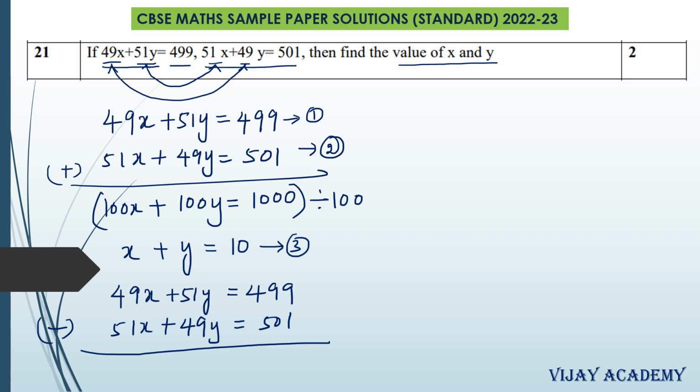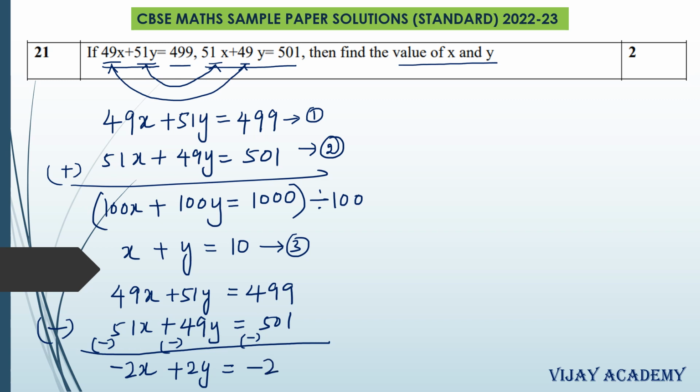So plus 51x becomes minus 51x, plus 49y becomes minus 49y, and plus 501 becomes minus 501. So 49x minus 51x is minus 2x, 51y minus 49y is plus 2y, equals 499 minus 501, which is minus 2.